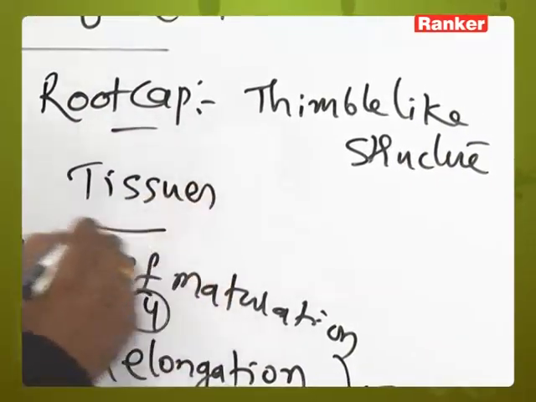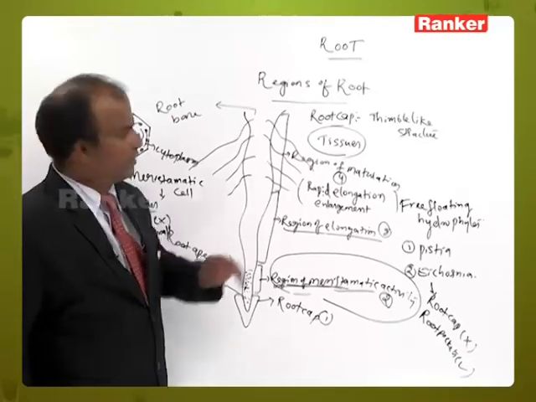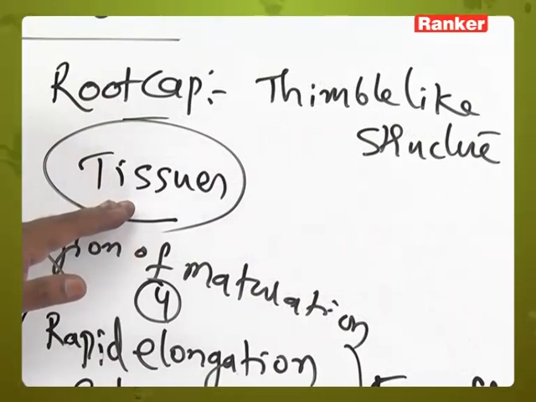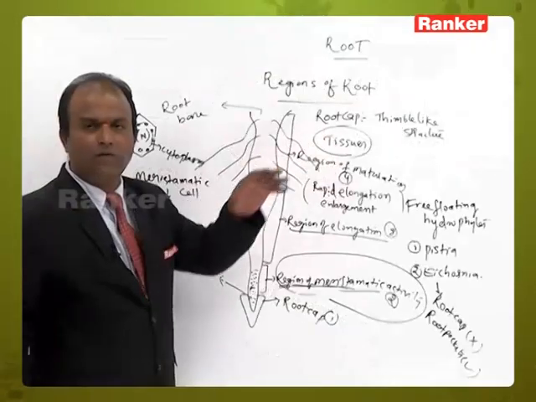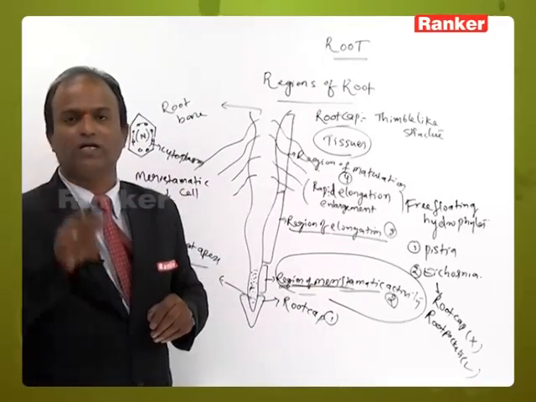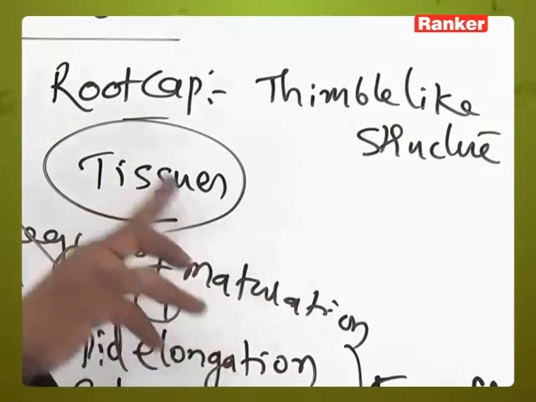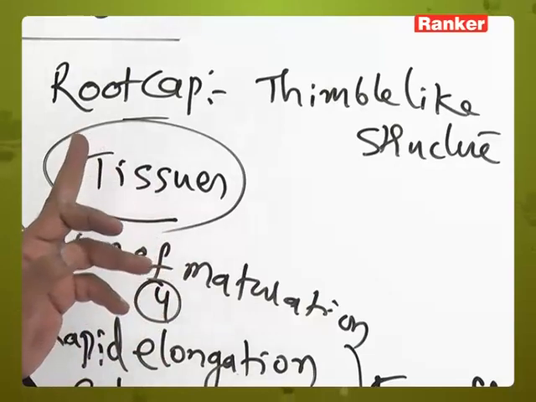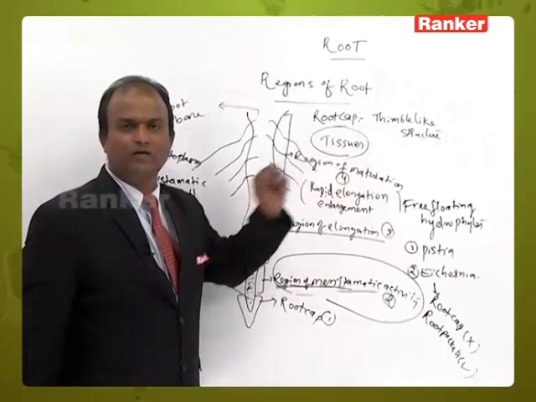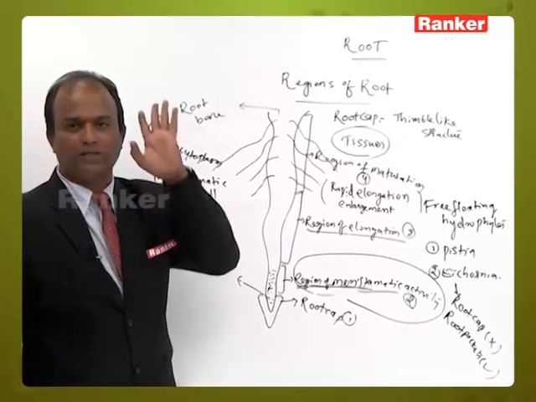In these tissues, do the cell walls appear thick or thin? They show thick cell walls. That means the secondary cell wall material is laid down here. And the region of maturation shows how many parts?